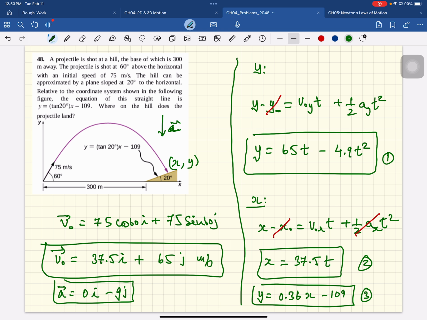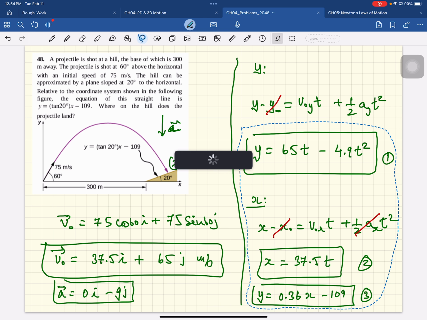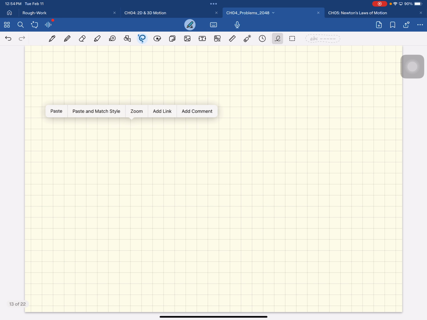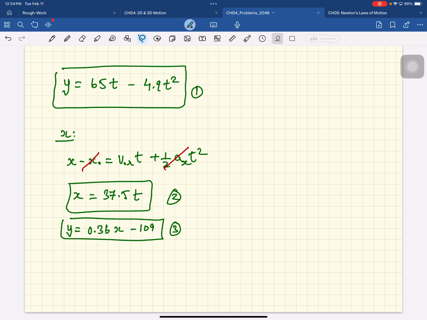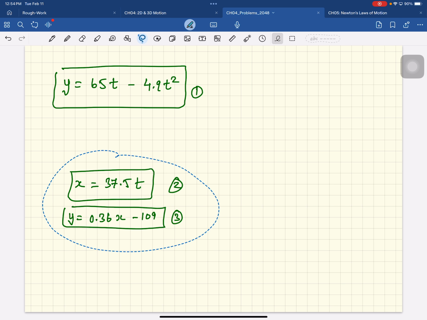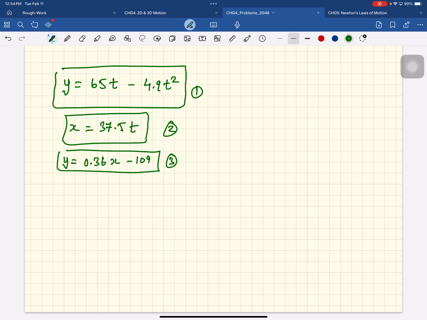I'll copy this whole thing. So what we have is 65t minus 4.9 t squared equal to 0.36 times 37.5 t minus 109.